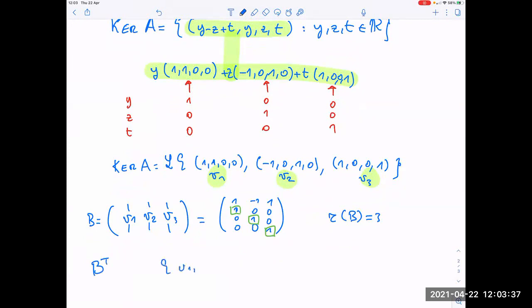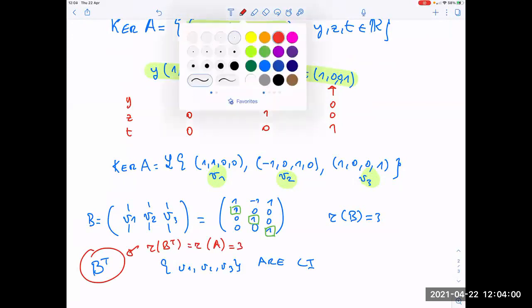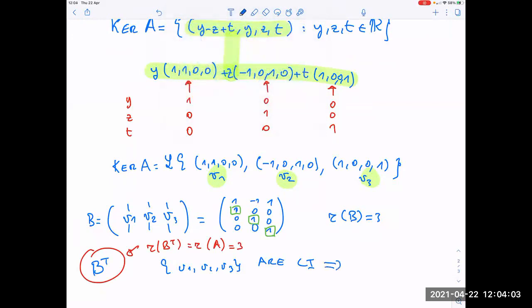So you see v1, v2, v3 are linearly independent because this matrix has rank 3, because when you take the transpose, the rank is not changing, as we already saw. And this means that the set v1, v2, and v3 is a basis of the kernel of A.